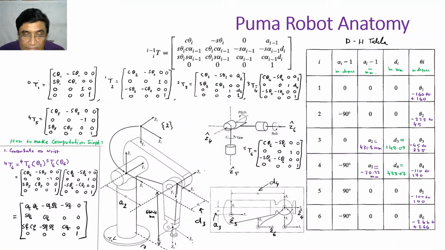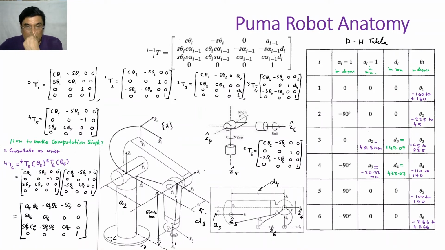The distance between this is d4, yes, d4, and the d3 is the distance between the common normal. You see the x2 and x3. Distance between them is d3.